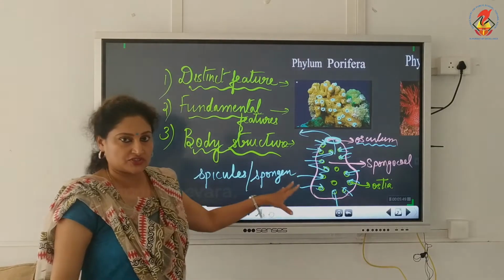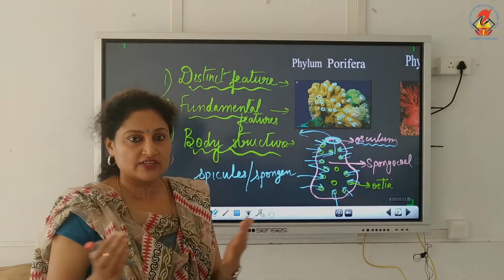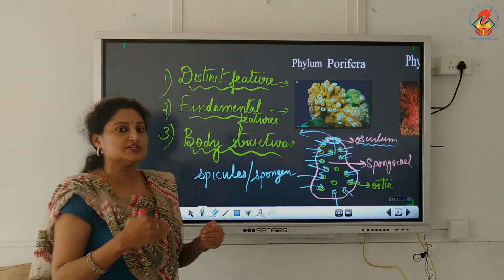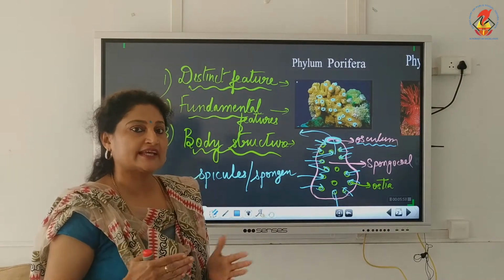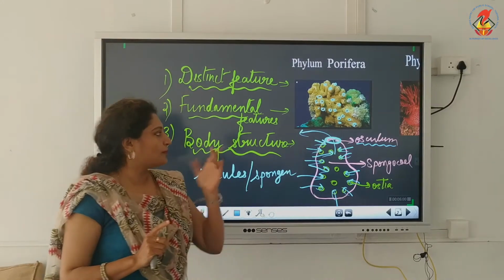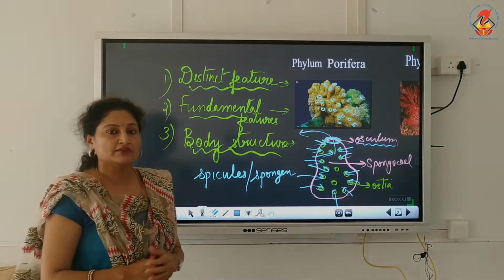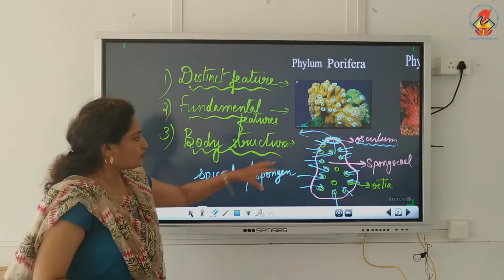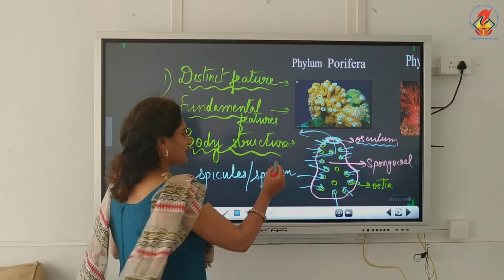Now the body structure. I told you the body is covered with pores called ostia, through which the water enters and moves through the spongocoel, and from there it exits through the single opening at the apex called the osculum. This pathway helps in food gathering, excretion and respiration. Now you can see the spongocoel has a number of canals.